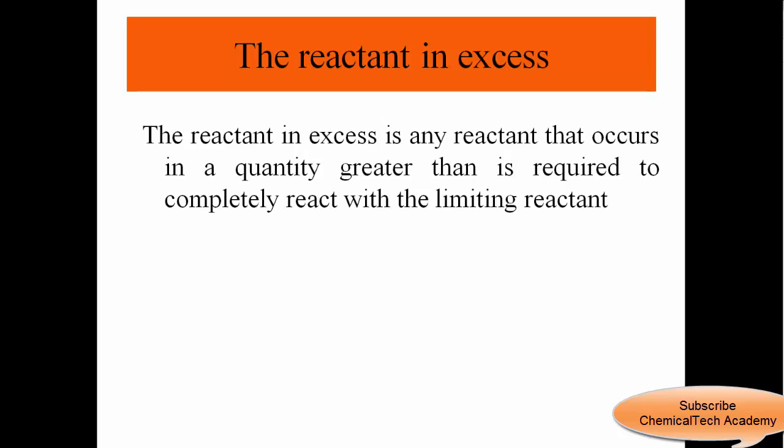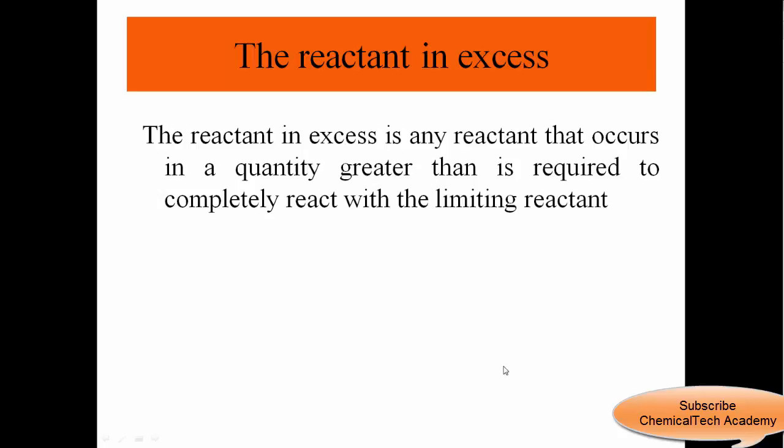On the other hand, if we have two reactants, when one reactant is the limiting reactant, the other reactant becomes the reactant in excess. The reactant in excess is any reactant that occurs in a quantity greater than is required to completely react with the limiting reactant.